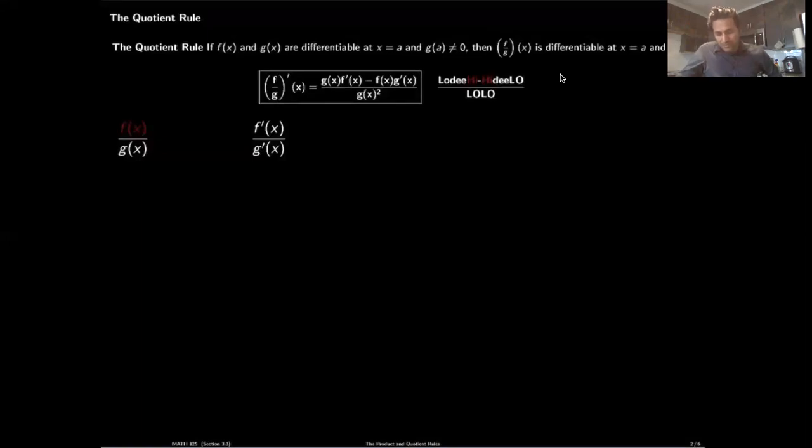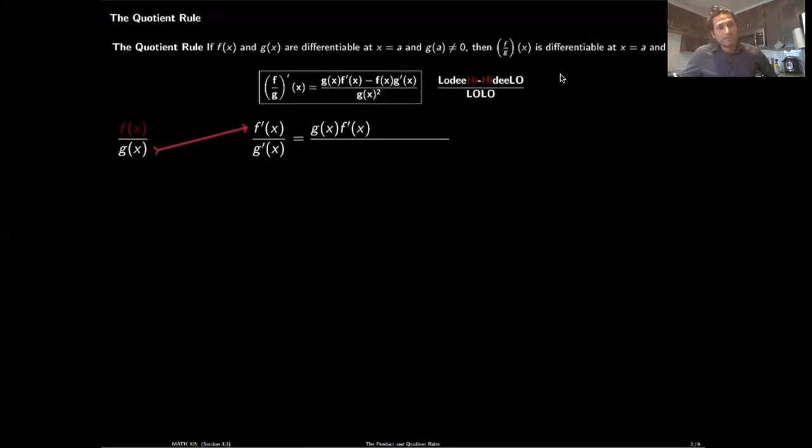If you have a quotient f(x) over g(x), the first thing you do is calculate the derivative of the top function, which is f prime of x, and then the derivative of the bottom function, which is g prime of x. Then you read the poem. Low d high means you take the low function multiplied by the derivative of the high function, and you put it in the numerator.